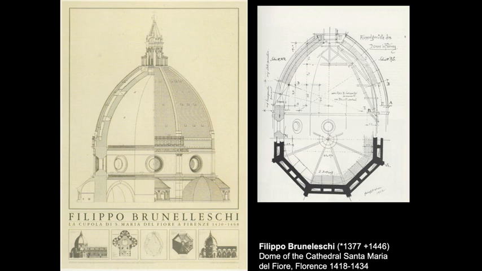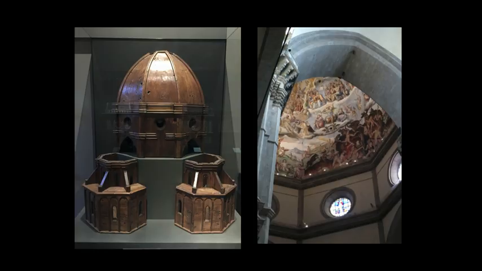So the background is that you just have vertical forces, and you're protected from the horizontal forces, and that makes it very much easier to construct a dome. And he also used the octagon in the ground plan.